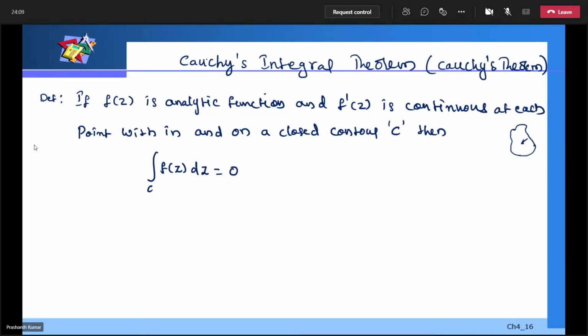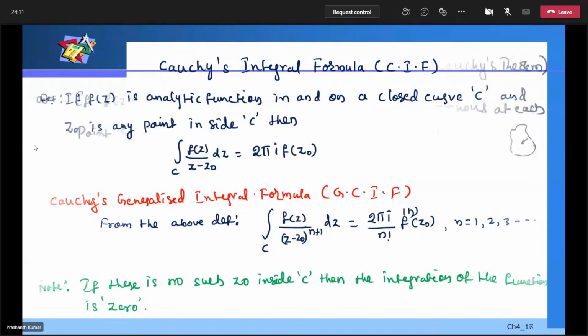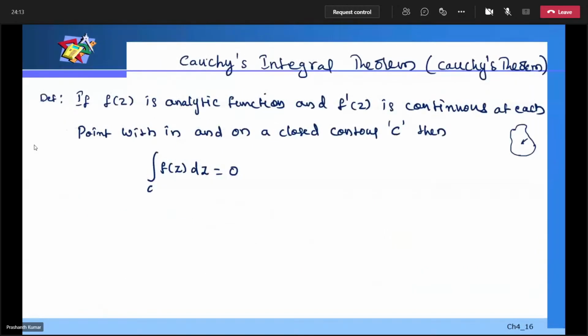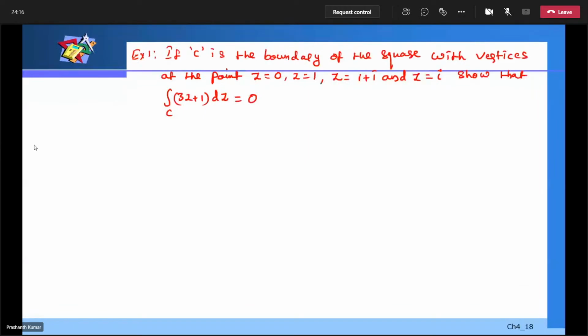This is a solution. So by this Cauchy's integral theorem, you see this problem.